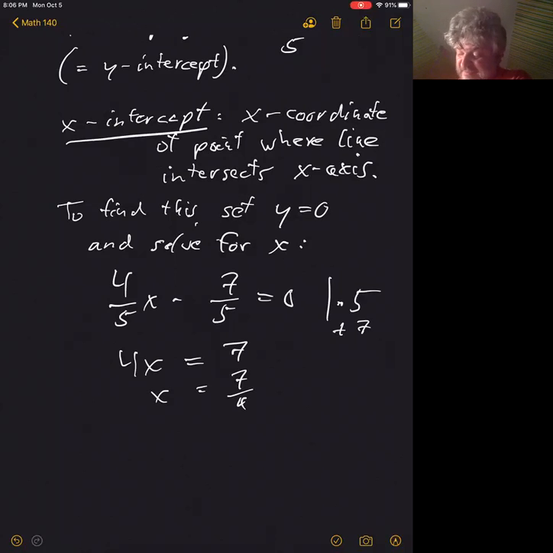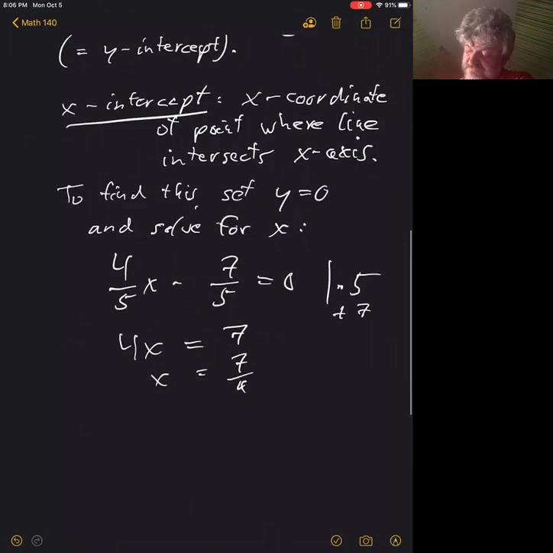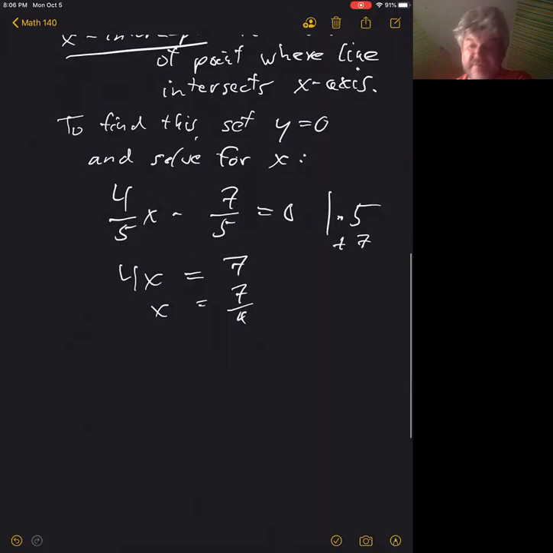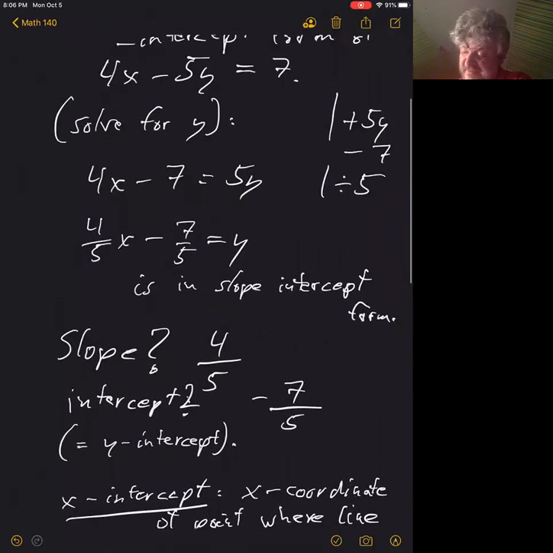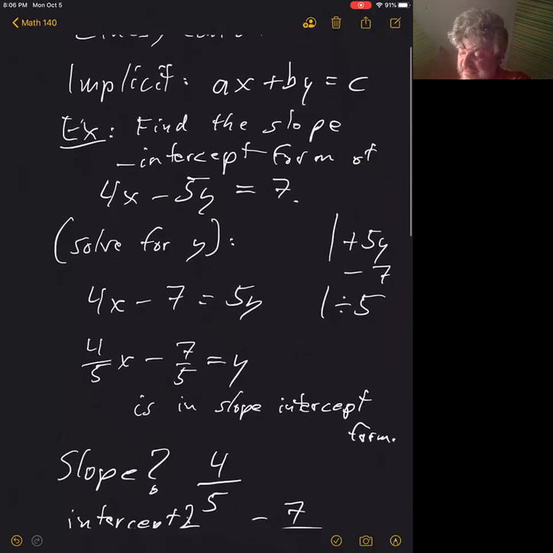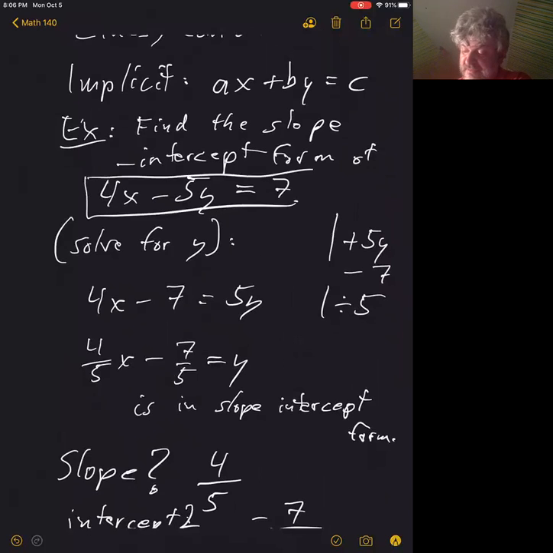That's our x-intercept. Notice that we could already have done that with the original implicit equation right up at the beginning. You can set y equal to 0 there and find out what's x going to be, and you find the same answer, 7 over 4.